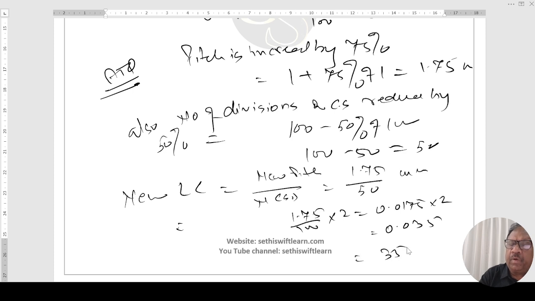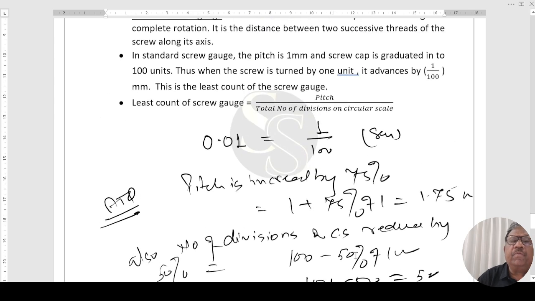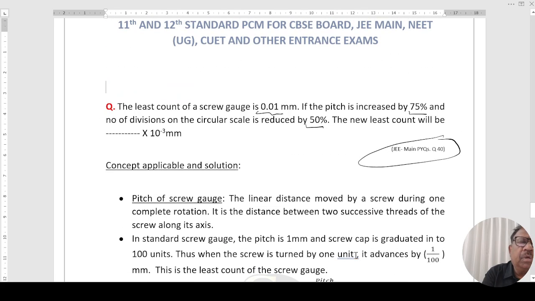That is 35 into 10 to the minus 3 mm. So the fill in the blank will be 35. This is the answer. Right? Next question.